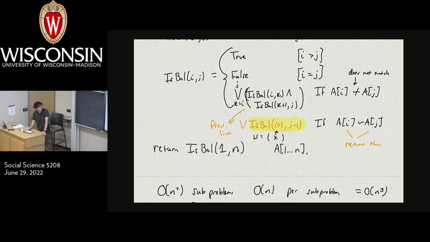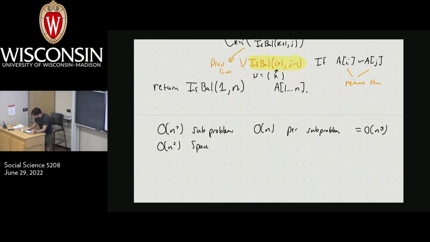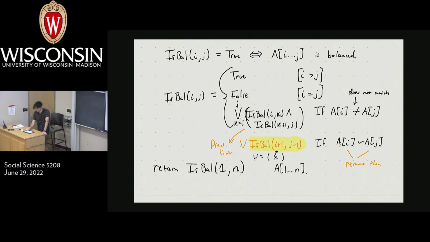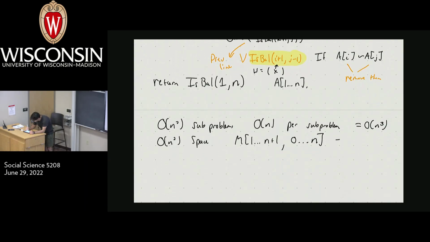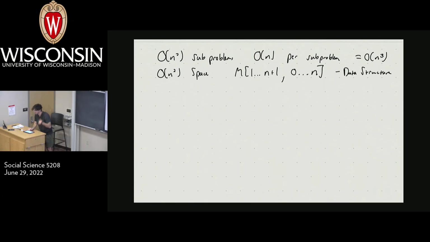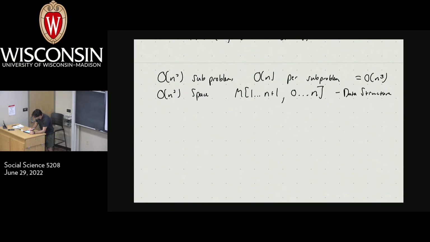Now, what's the dependency graph? Obviously, we want to use an array. That part's easy. That's our data structure. I'm going through these faster because they're kind of mechanical. The main part's the graph.